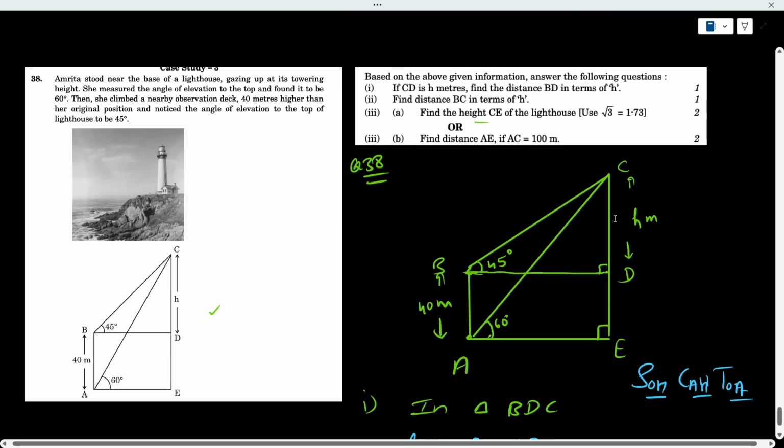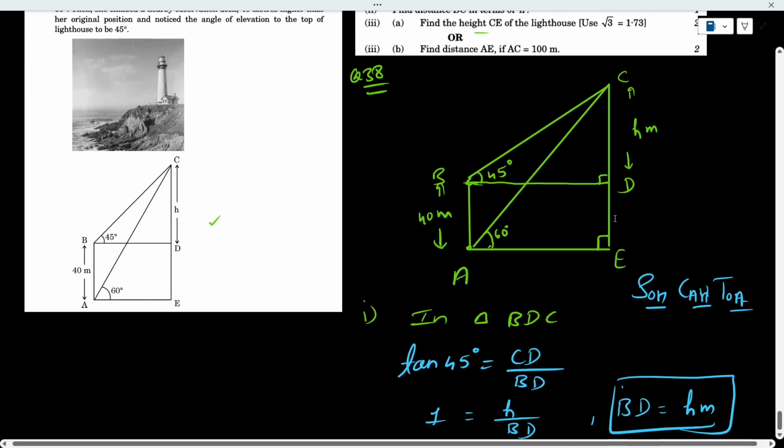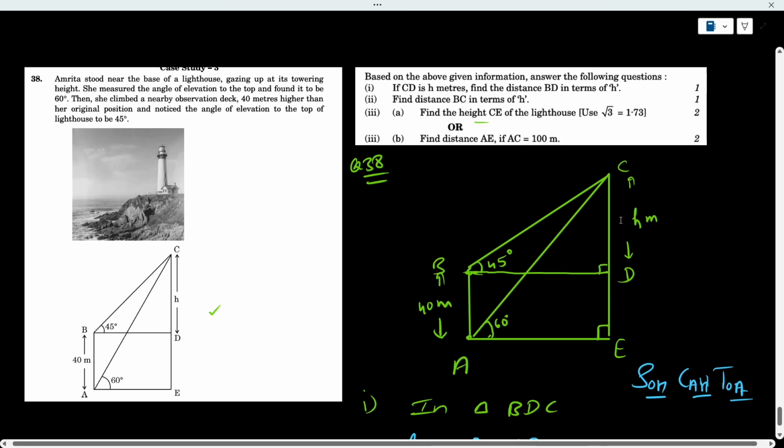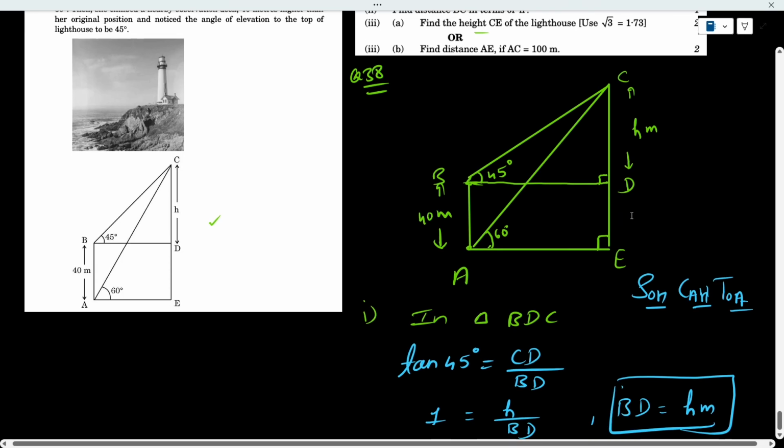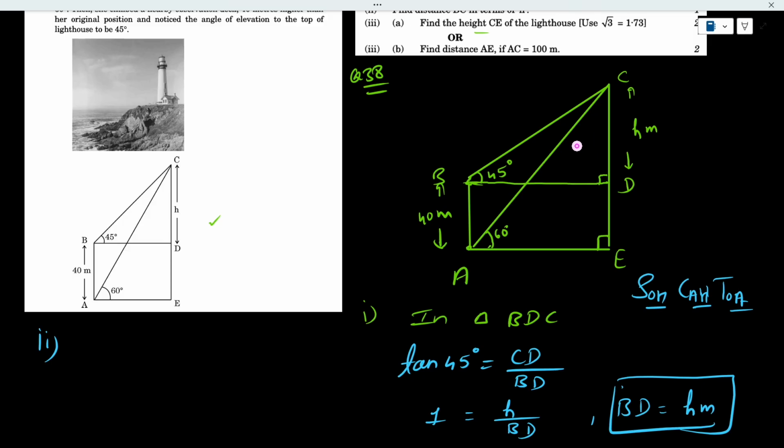Then after that, find the distance BC in terms of H. How to find BC? Now they are saying BC in terms of H. BC is again part of the same triangle, right? BC is nothing but the hypotenuse. With respect to 45 degrees, this is opposite and this is hypotenuse, so opposite by hypotenuse is sine.